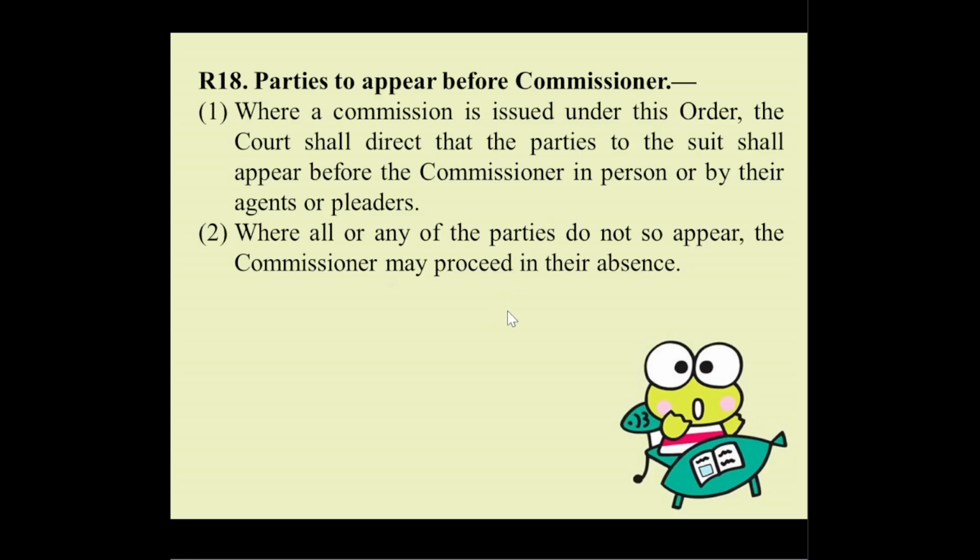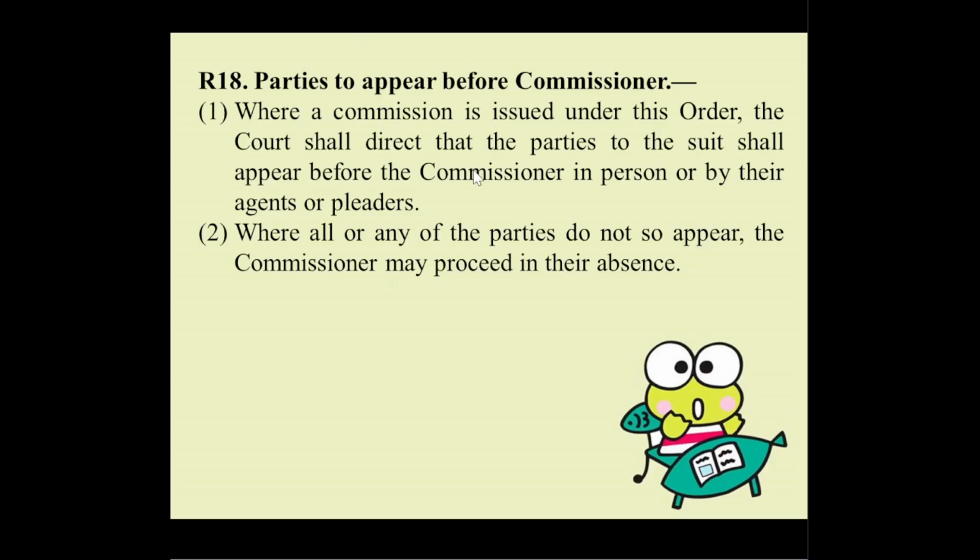Where all or any of the parties do not appear, the commissioner may proceed in their absence. This is to make sure that non-appearance of the parties does not hinder the proceedings.